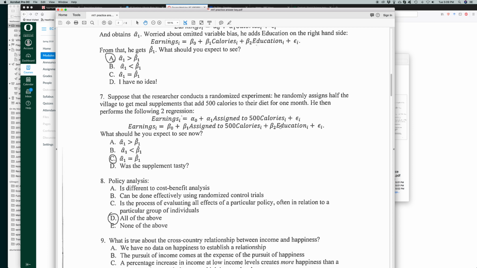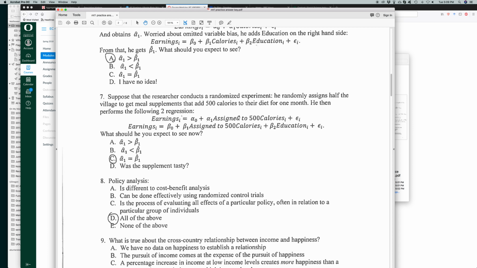Now, what's the actual explanation as to why this is the case? For the bias to occur, education, the omitted variable, should be correlated with the assignment to 500 calories, and education should be correlated with earnings. It's clear that education is correlated with earnings, the explained variable, but it cannot be correlated with the treatment assignment, because the assignment to 500 calories was randomly assigned.